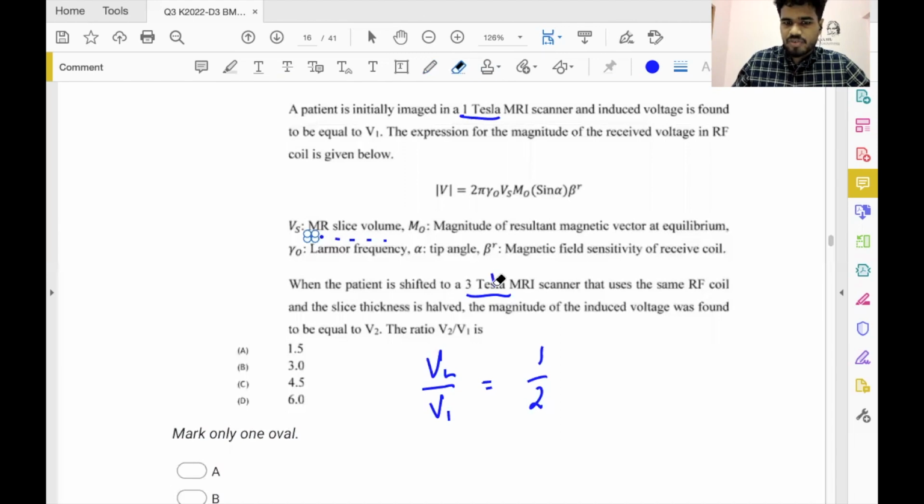If you change the Tesla, B0, it will affect gamma naught and M naught. So we have a factor of B0 squared. Of course the signal is going to increase because we go to a higher machine. So it's 9 by 1 squared.